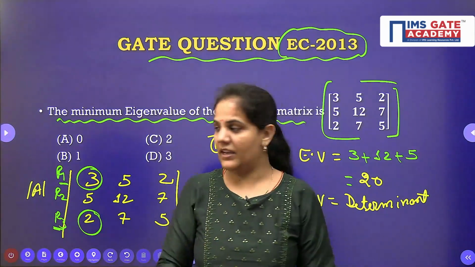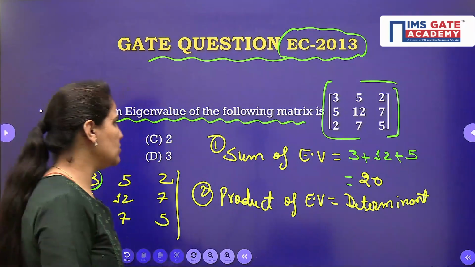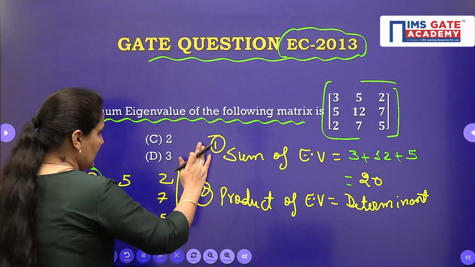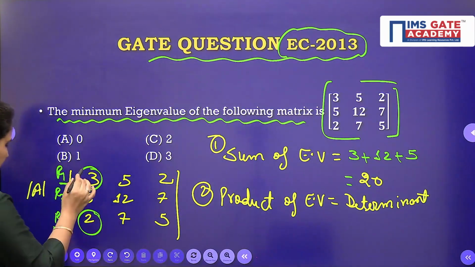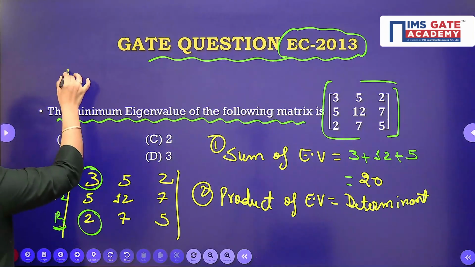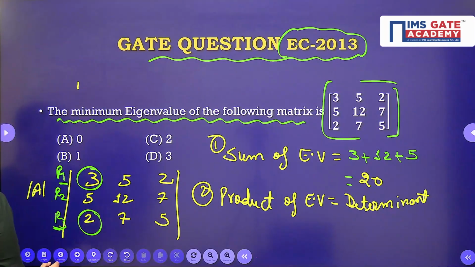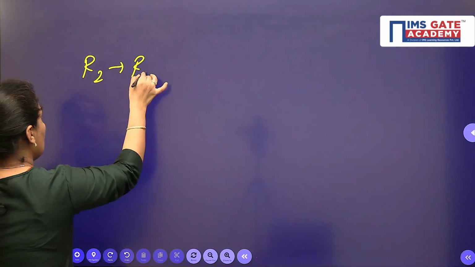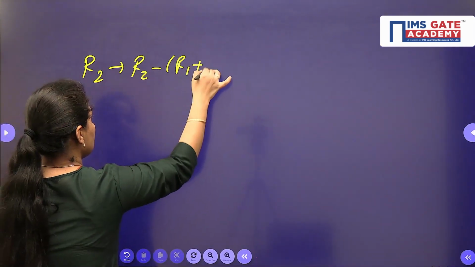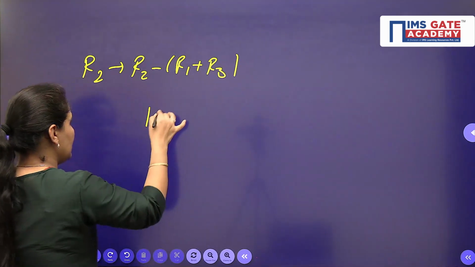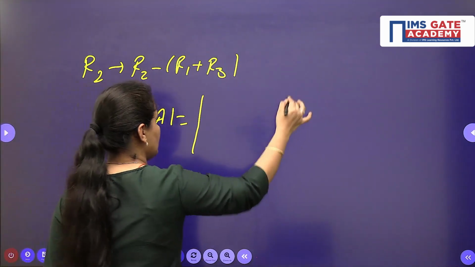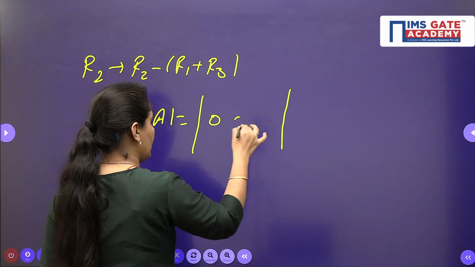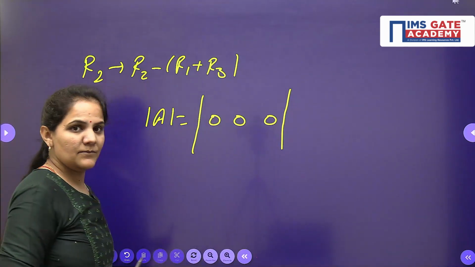Or if you use an elementary transformation here, and replace R2 with R2 minus R1 plus R3, then the determinant of this particular matrix does not change, but the second row will become 0.